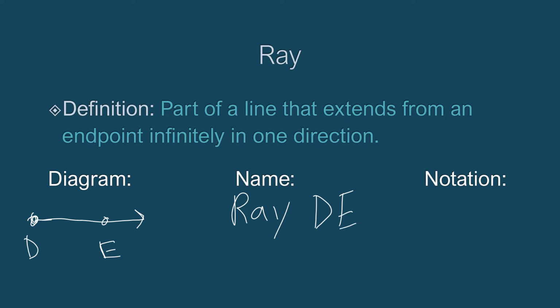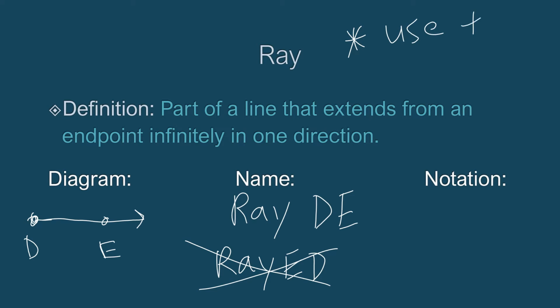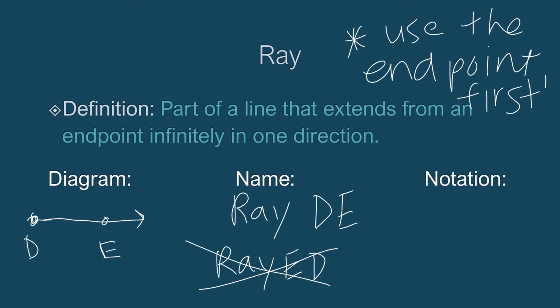Now with rays, you cannot name it ray ED because you need to always use the endpoint first. So for this notation then we would say DE.